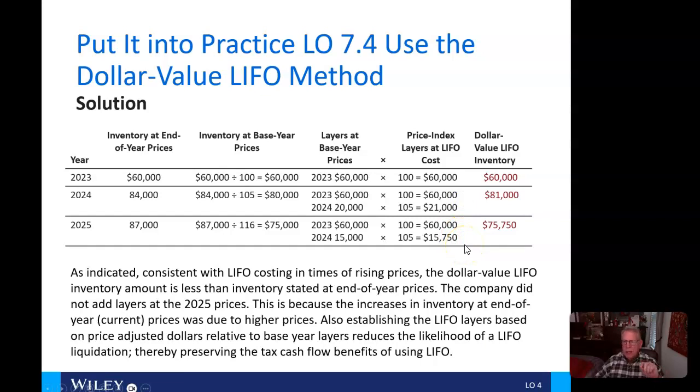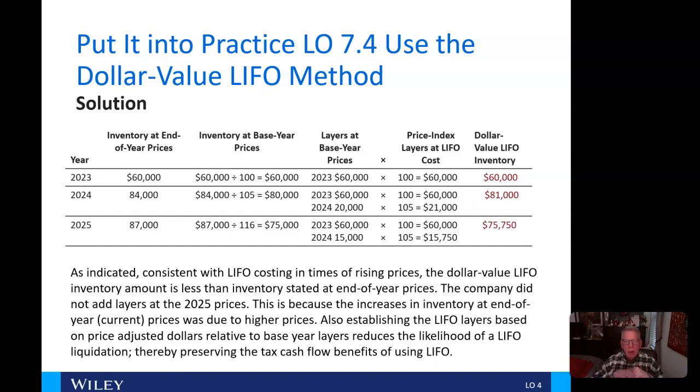And as indicated, it's consistent with LIFO costing in times of rising prices. The dollar value LIFO inventory amount is less than the inventory stated at end of year prices. The company did not add layers at the 2025 prices.